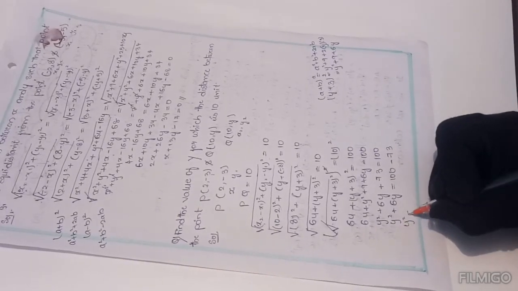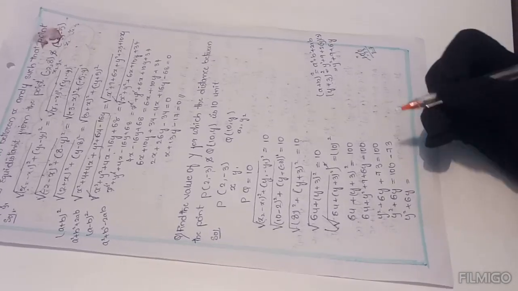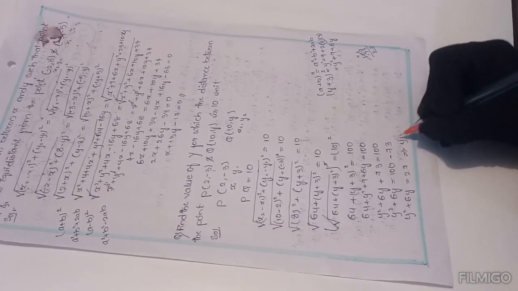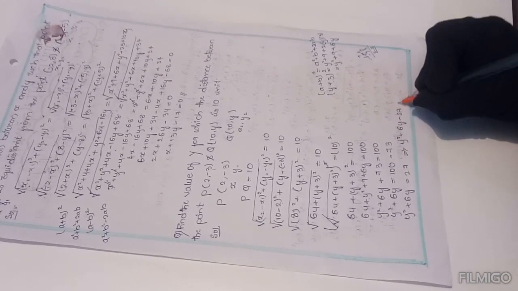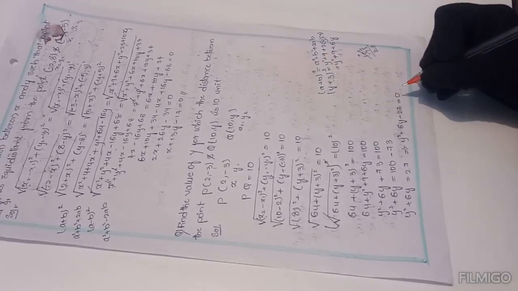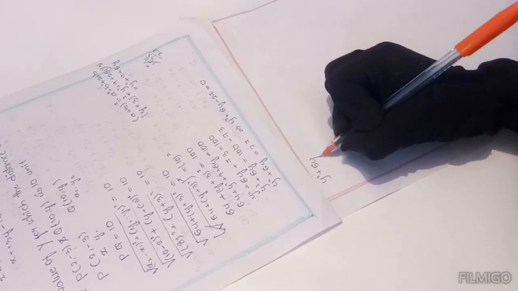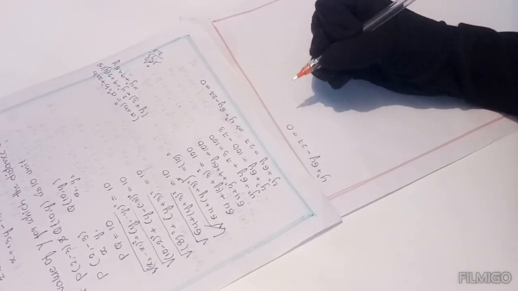So y squared plus 6y is equal to 27. It can also be written as y squared plus 6y minus 27 is equal to 0.